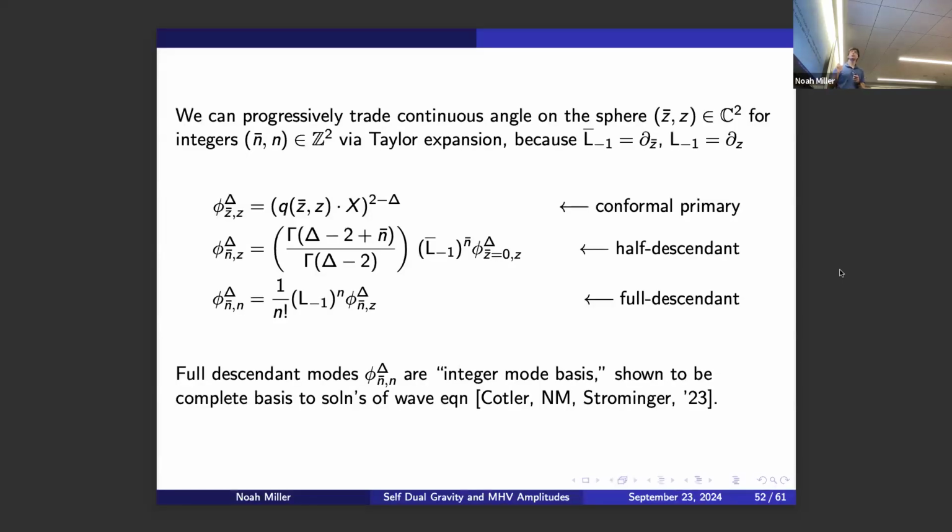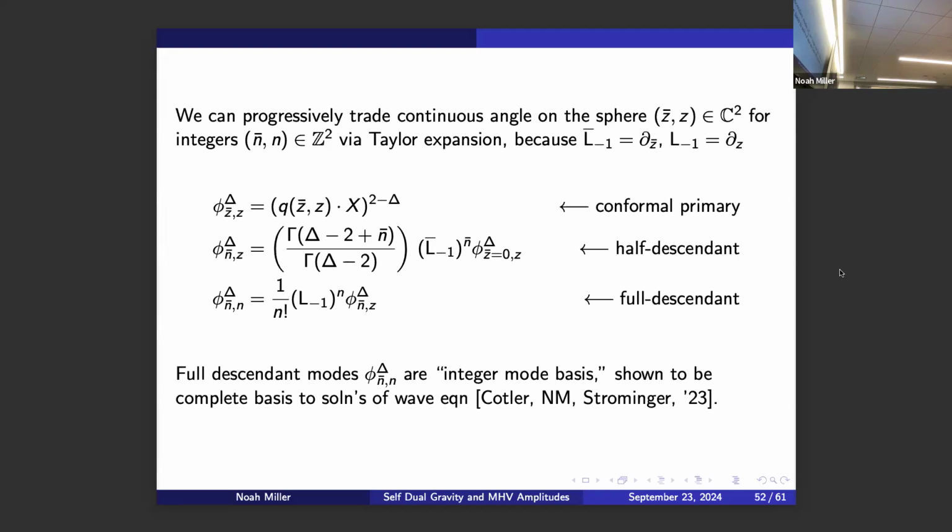A conformal primary mode has a direction on the celestial sphere, given by these two complex stereographic coordinates z and z bar. But because L bar minus 1 and L minus 1 are differentiation with respect to z, you can trade the angle on the sphere for fixing it at the North Pole and taking descendants, and these are descendants in the same sense as in a conformal field theory.